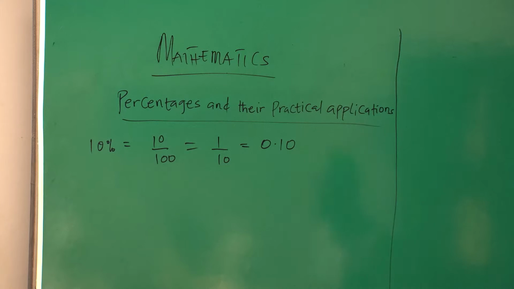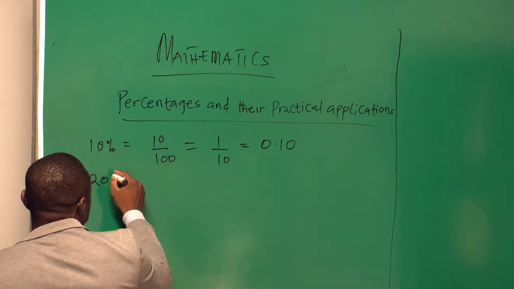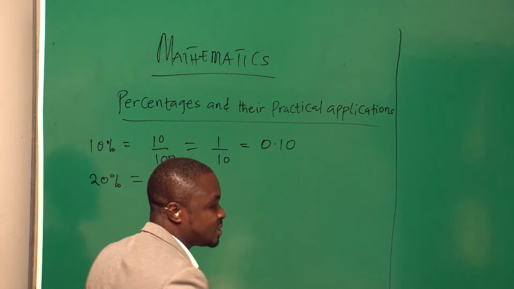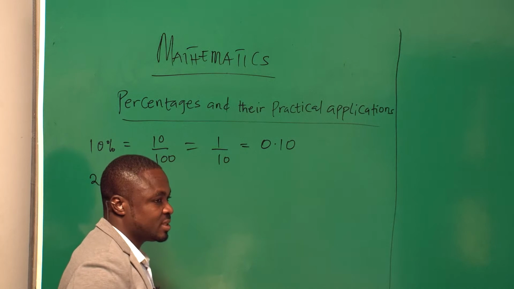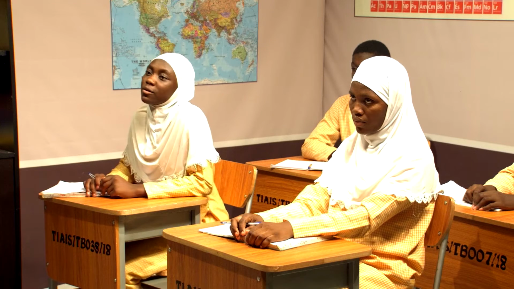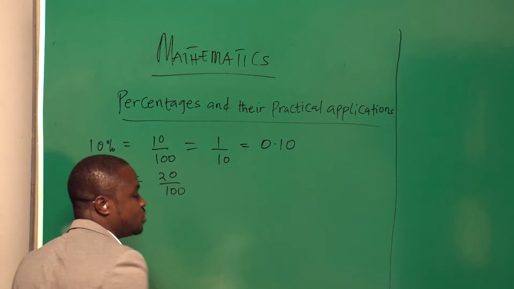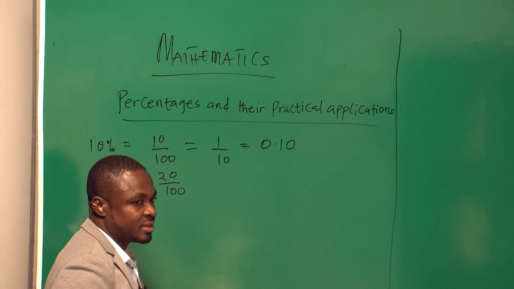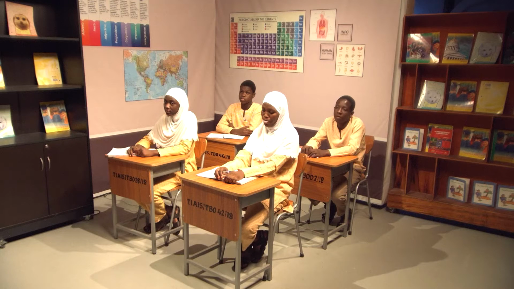All right, so another example is you may have 20%. How can you rewrite 20%? 20 over 100. Razak, how many times will 20 go into 100? 5 times.